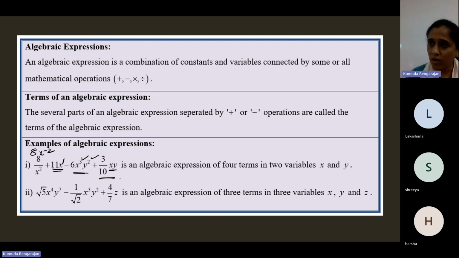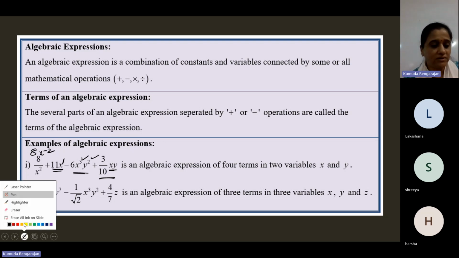The power of x is 1, whole number. The power of y is also 1, whole number. Fine. Everywhere it's fine. But in the first term, the power of x is minus 2, which is not fine. So the expression is not a polynomial. Is that fine? Yeah. Let's see the second one.